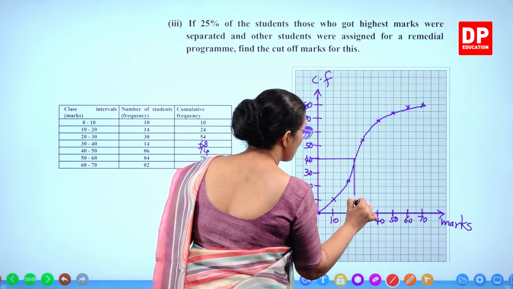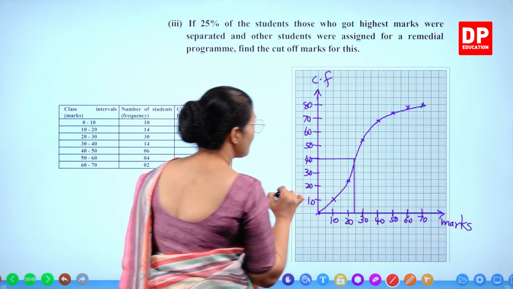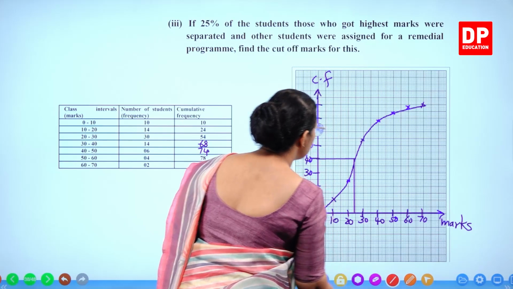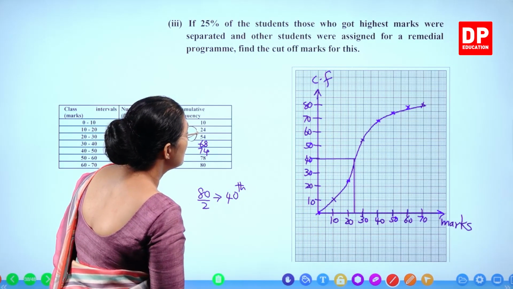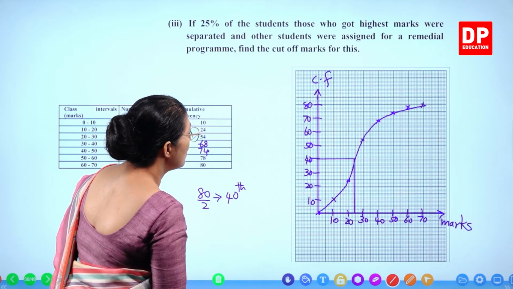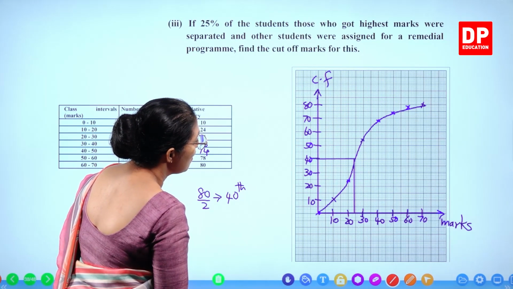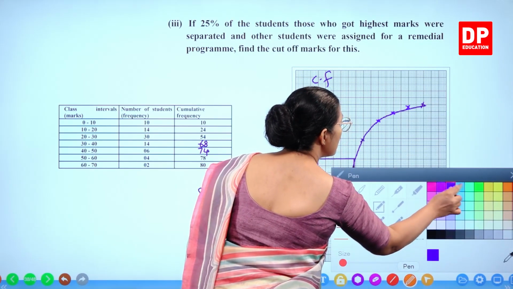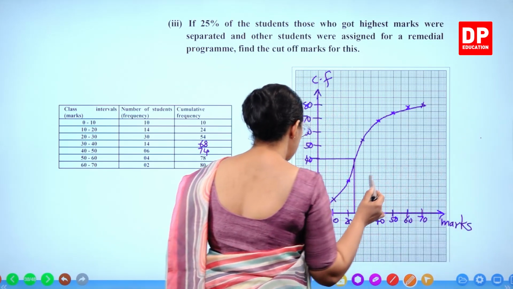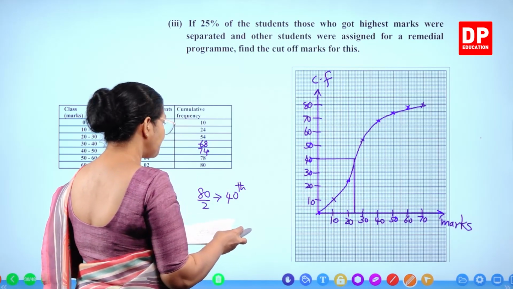Roughly somewhere here. So median mark, according to my graph, it's like 24.